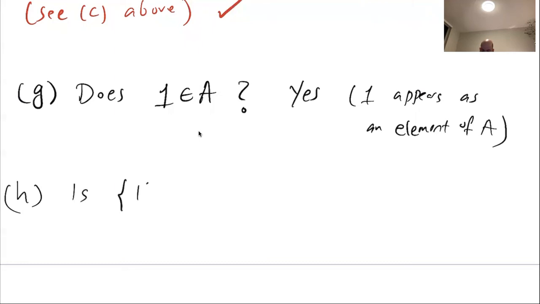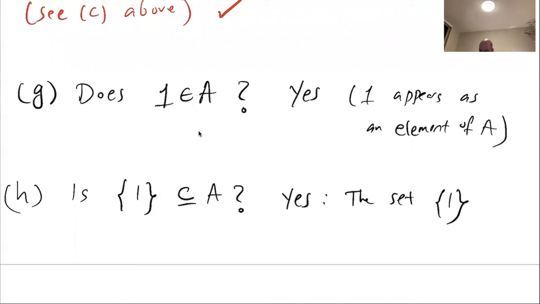Part H is, let's say, is the set containing 1 a subset of A? This one, the answer is yes. Because how do we know a set is a subset of another? We have to check the elements in the left-hand side. The left-hand side set has only one element. So the set containing 1 has only one element, which is what?